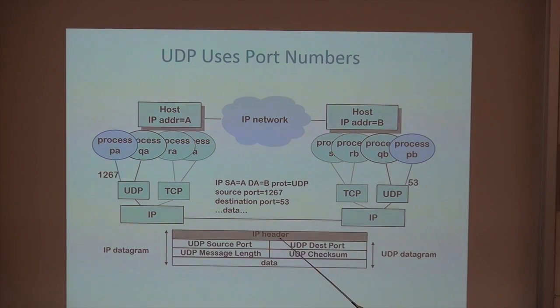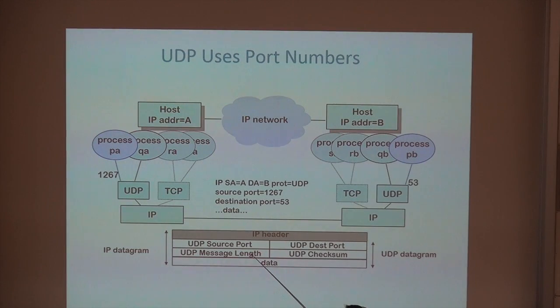So when this guy sends a query to DNS, it uses UDP, which means that there is of course an IP header. Inside the IP header, there is a next protocol field in IPv6, or a protocol field in IPv4, that says it's UDP. And then UDP itself has its own header that contains essentially the addressing information, like any header: source and destination, UDP source port, UDP destination port.